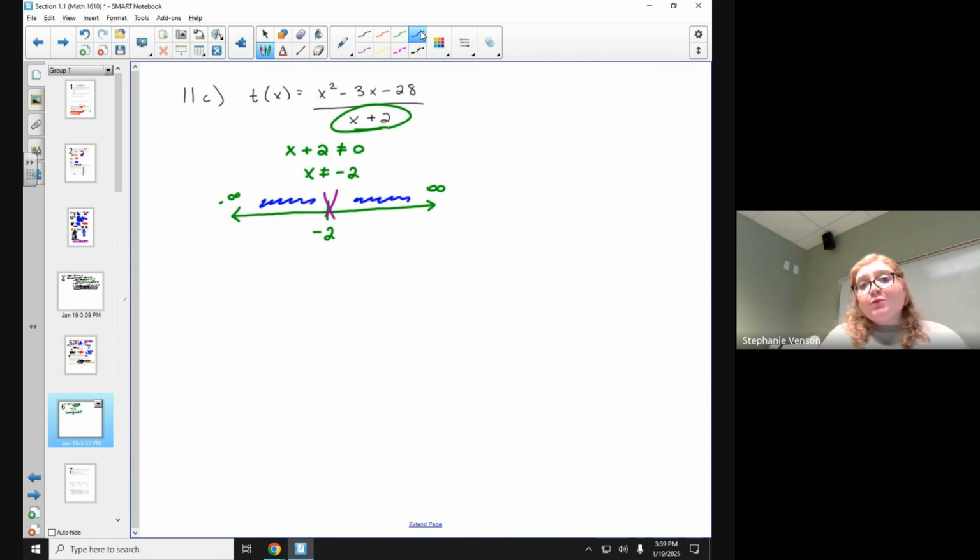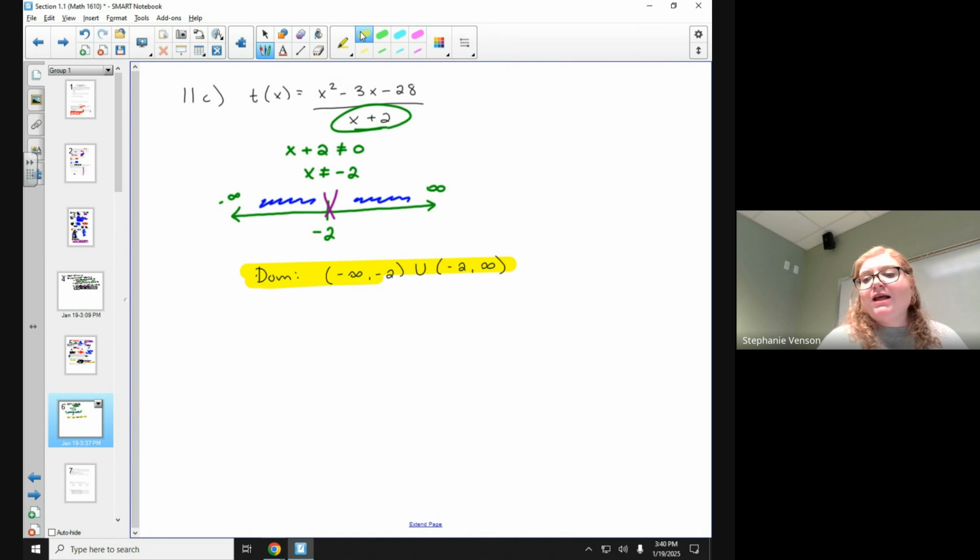So when we put that restriction of -2 on our number line, it broke our number line into 2 sections. And those are the 2 intervals of our domain. So our domain for 11C is -infinity to -2 in union with -2 to infinity.